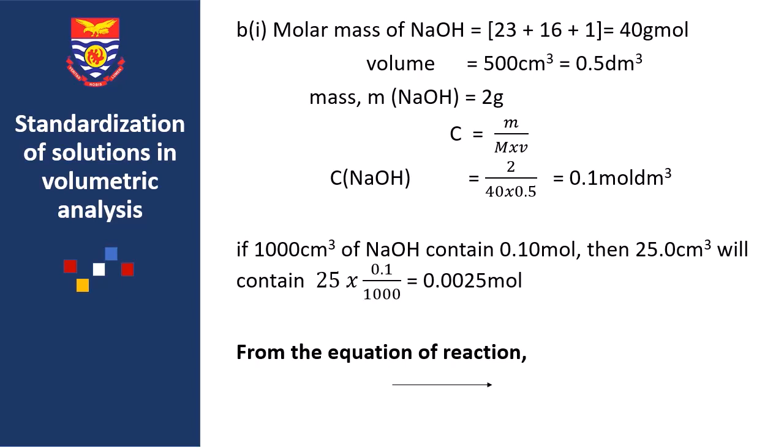Since we are not going to use the whole of that 1000 and we are going to fetch some, we don't expect that the volume that we are going to fetch is also going to contain all the particles of the sodium hydroxide. It's like you have fetched, let's say, a cup of sand into a bucket of water, you have stirred it, and then you have fetched some of it.